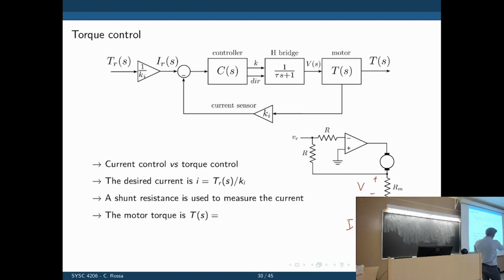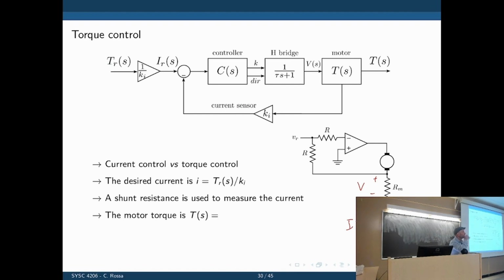Okay, so that's one very simple implementation using an operational amplifier that we could use. We have a desired value for this voltage, which is now proportional to the current. And I have a simple circuit here that will make the motor develop that voltage across the resistor there.